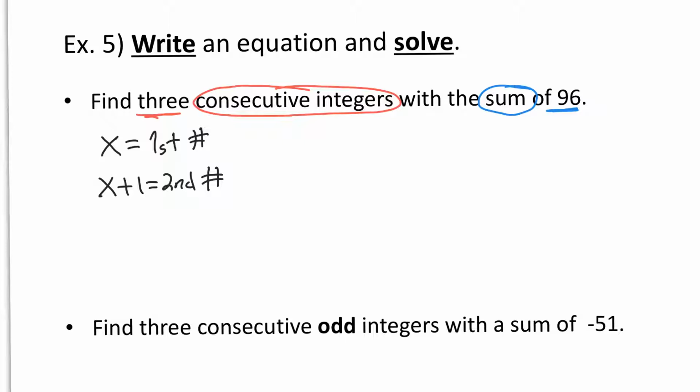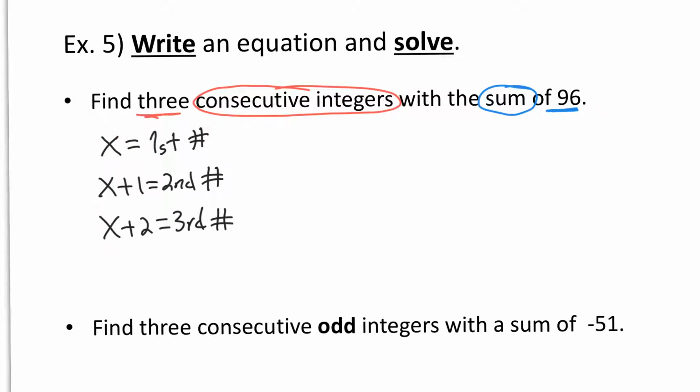If the first number is 8 and the second number is 9, the third number has to be 10. And 10 is 2 more than the first number, than 8. So my third number has to be x plus 2. Let's make sense of this problem. The first number can be any number. It can be 8, 9, 27, 31.